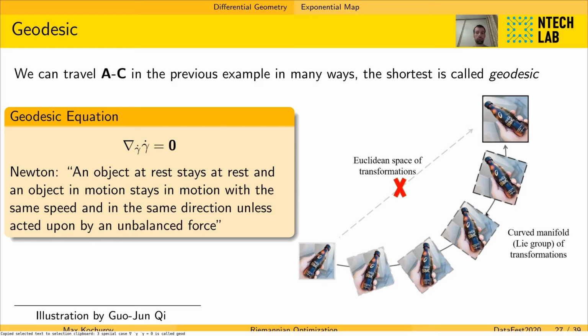Another example is from general relativity theory. When you drop a ball and it falls the floor, accelerating, but actually we don't apply any extra force except of gravity, but gravity is not really the force, it's intrinsic to the system, and this accelerating ball moves straight with the same speed in the same direction.